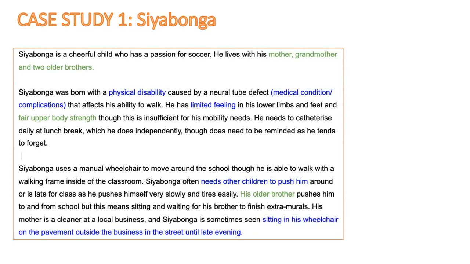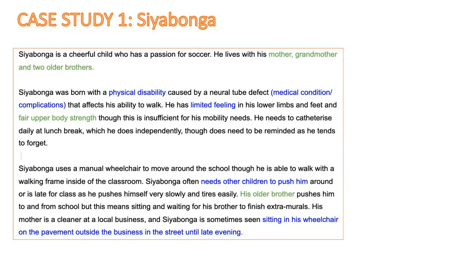He has limited feeling in his lower legs and feet and fair upper body strength, although this is insufficient for his mobility needs. He needs to catheterize daily at lunch break, which he does independently, though he does need to be reminded as he tends to forget. Siyabonga uses a manual wheelchair to move around the school, though he is able to walk with a walking frame inside the classroom.